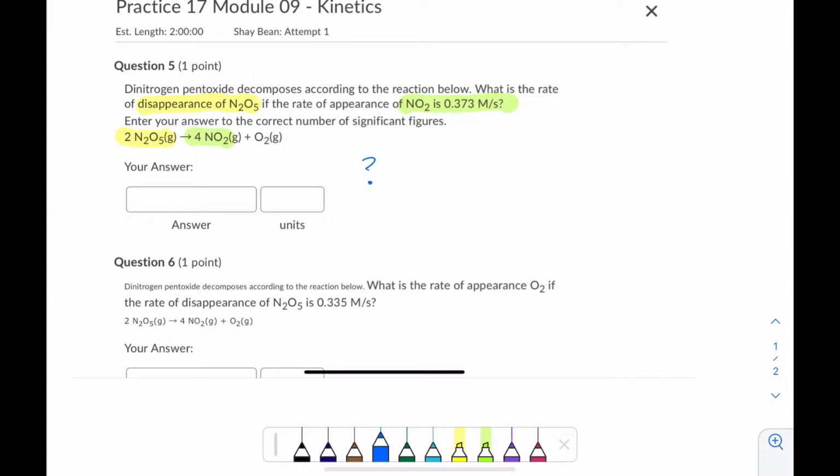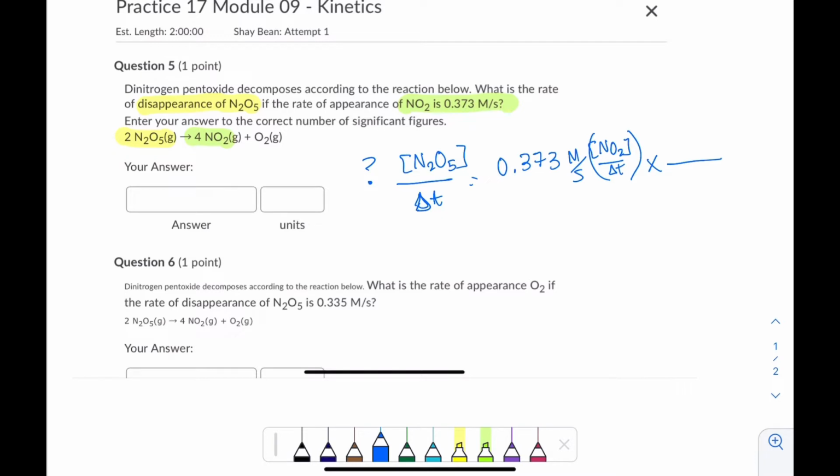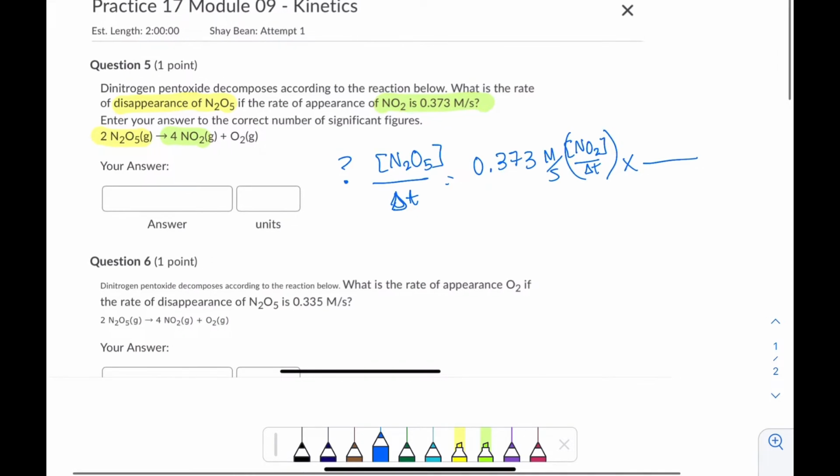I want to know what is the rate of disappearance of N2O5. So how does the concentration of N2O5 change with respect to time? If the NO2 is changing by 0.373 molarity per second, that is the concentration of NO2 with respect to time. I'm going to convert from NO2 to N2O5 using the mole-to-mole stoichiometry.